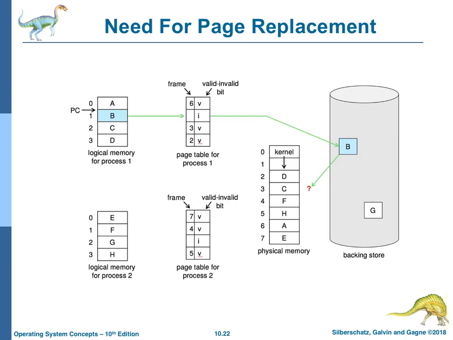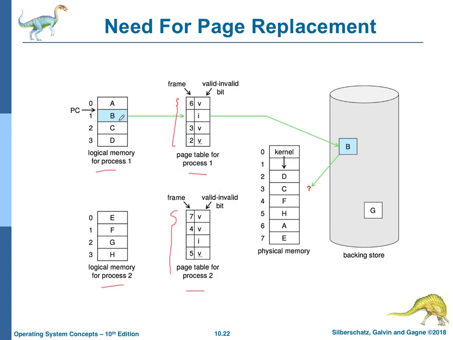So, for example, the need for page replacement. Here's the motivation for page replacement. For example, we have a process 1 and process 2, right? We have two processes and we have two process tables. Maybe process 1 is from here to here and process 2 is from here to here.